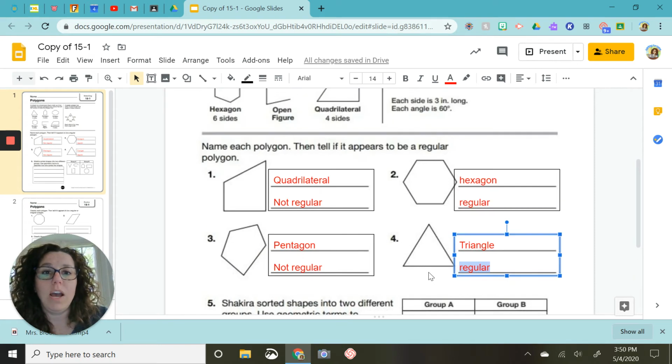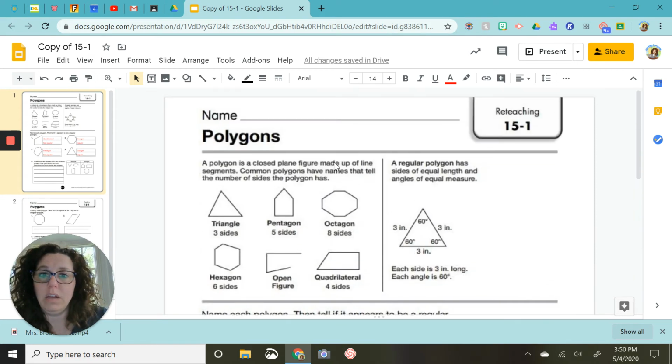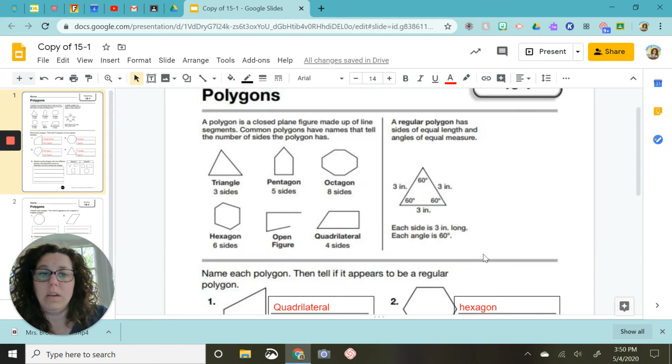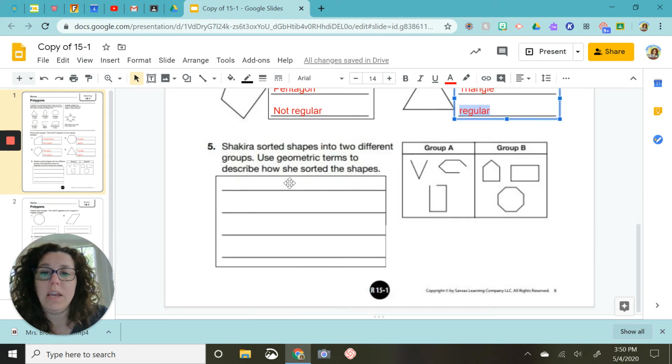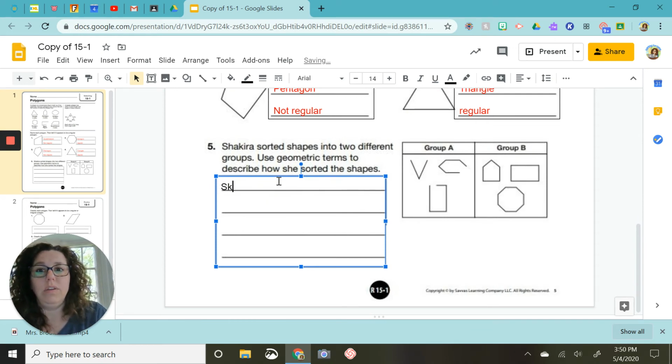So I would suggest we go back up here and look right here in these definitions, and then we're going to make it fancy because you have me modeling this. Shakira sorted her shapes into 2 groups, which we already said.